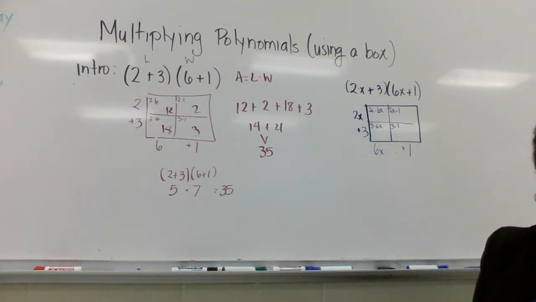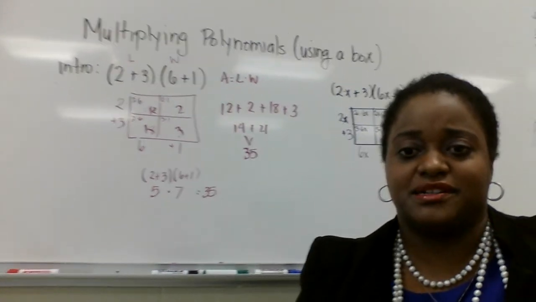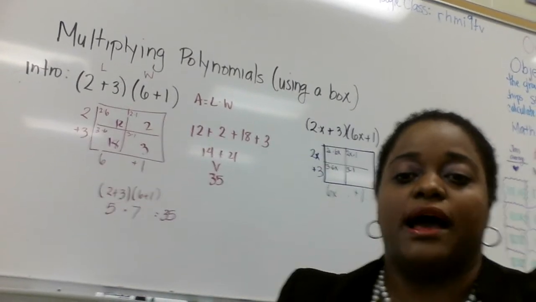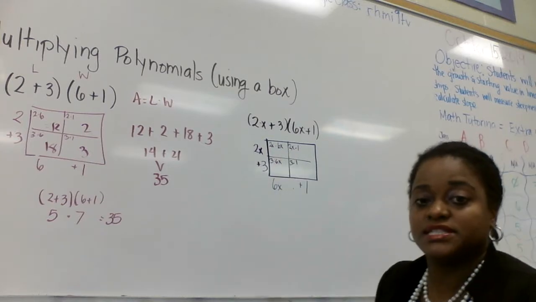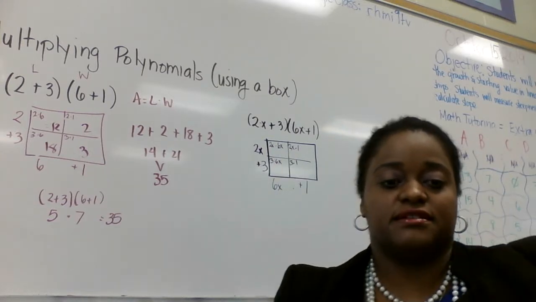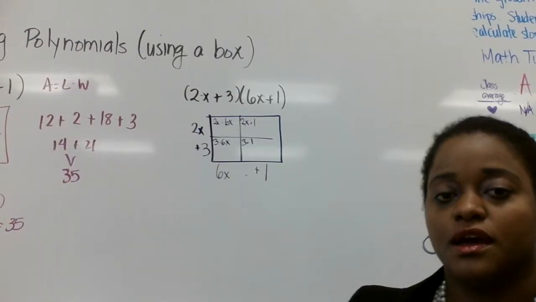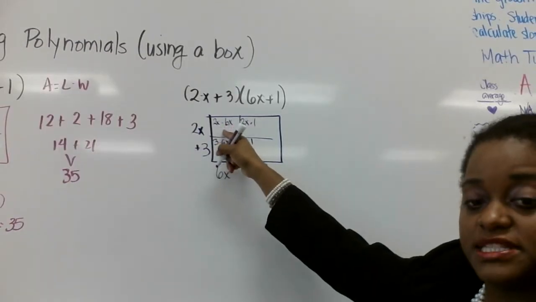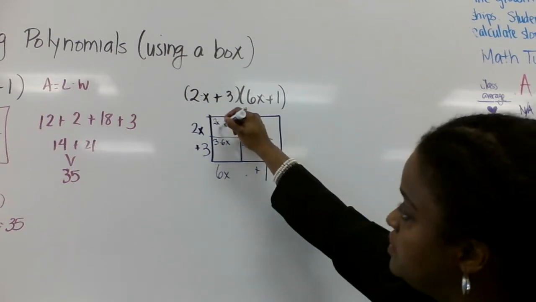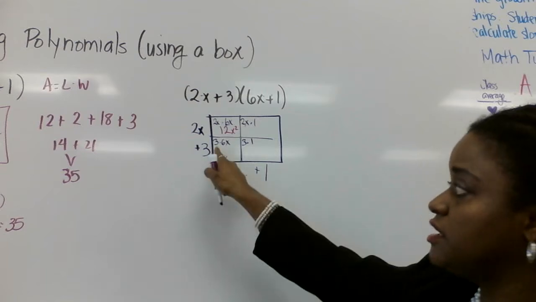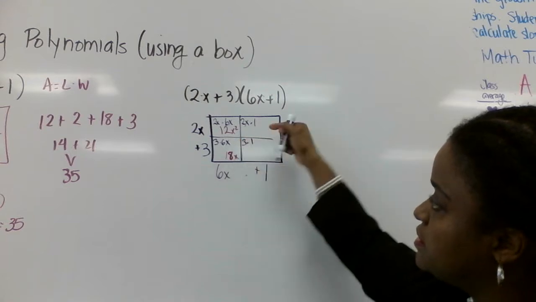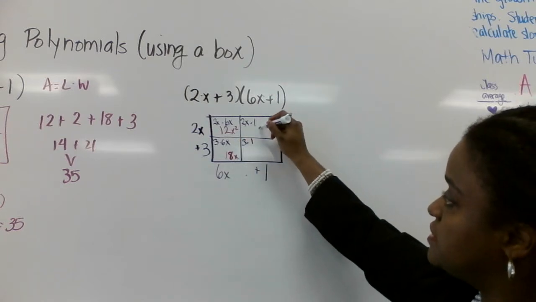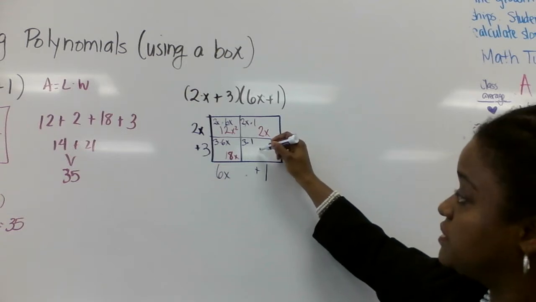Okay, so then 2x times 6x is 12x squared. 3 times 6x is 18x. 2x times 1 is 2x. 3 times 1 is 3.